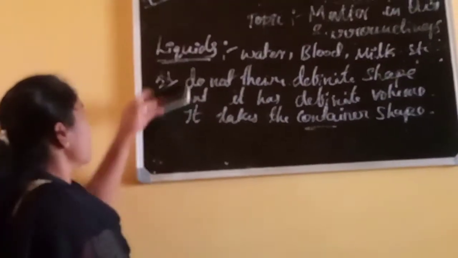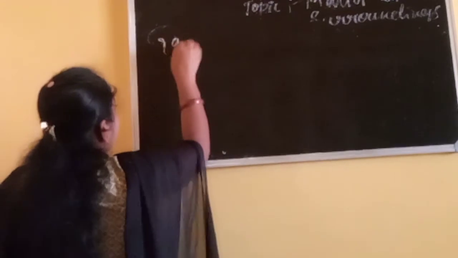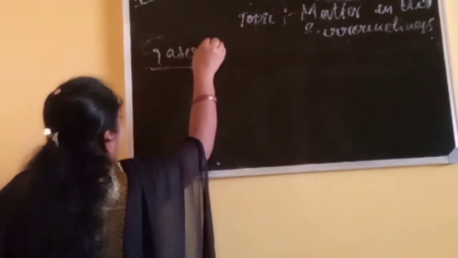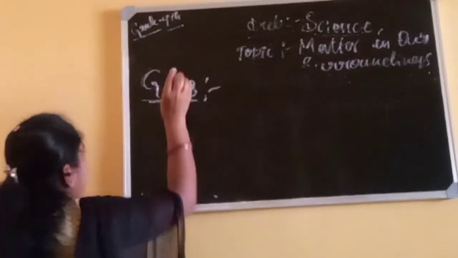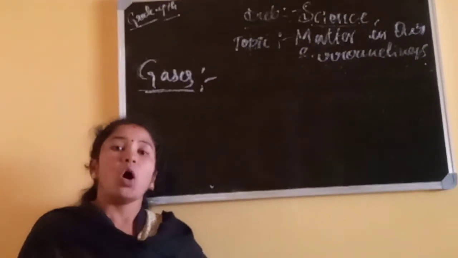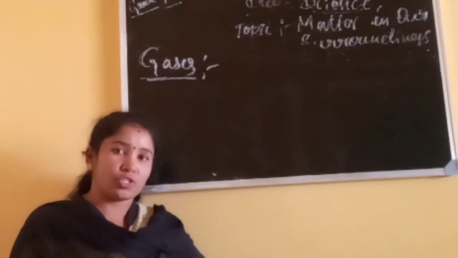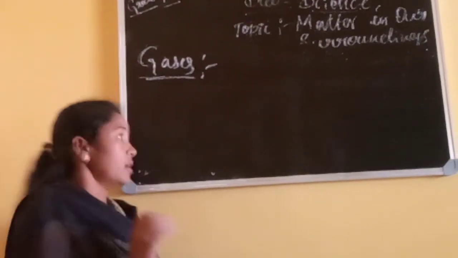Now let's see properties of gases. What are the examples for gases? Oxygen, carbon dioxide, nitrogen, hydrogen, carbon monoxide, air.